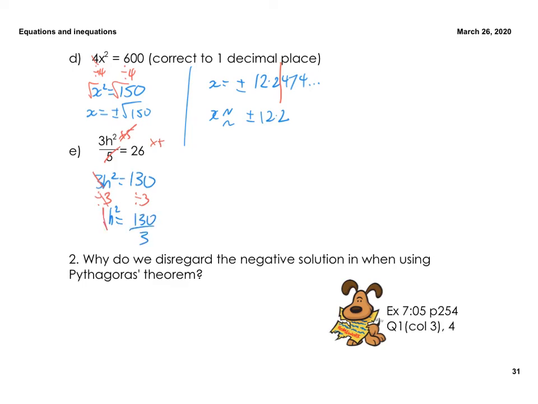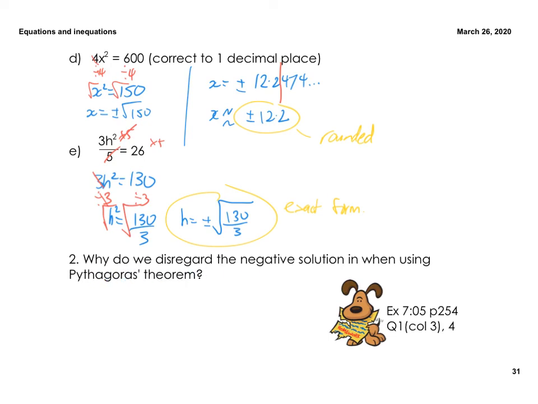And then square root both sides. So h is plus minus square root of 130 on 3. Okay, so this is called exact form, whereas this one here is rounded.